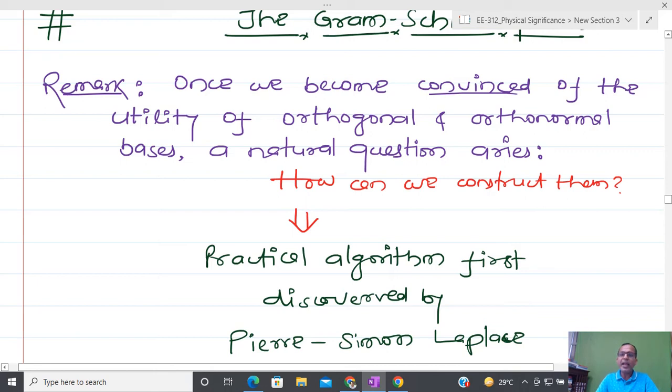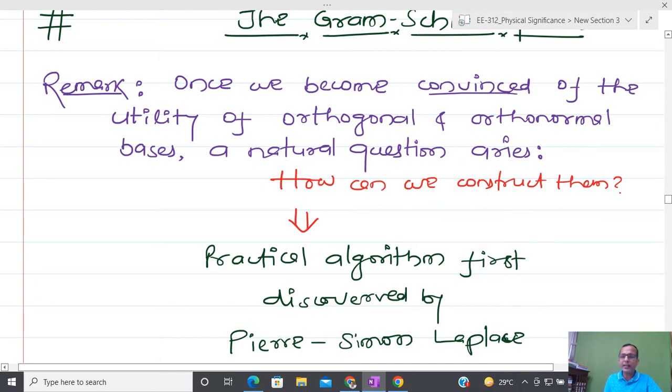So I have to identify the unique point corresponding to any signal, any function, any vector. So I need some kind of algorithm such that if I have some kind of basis corresponding to some space, then I can convert that into an orthogonal or orthonormal basis.